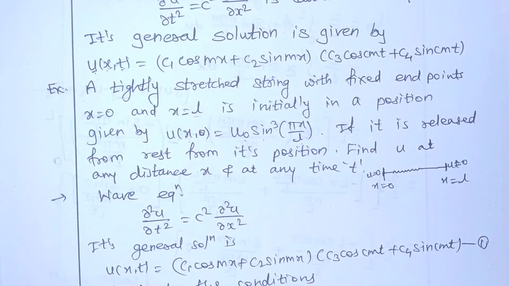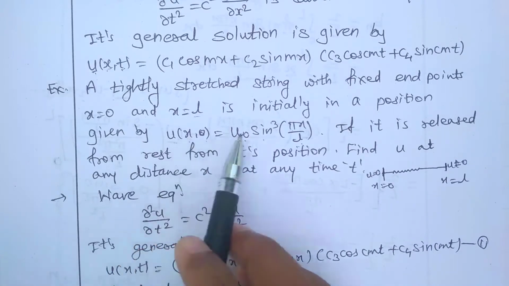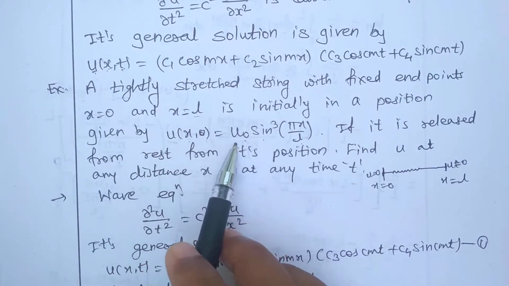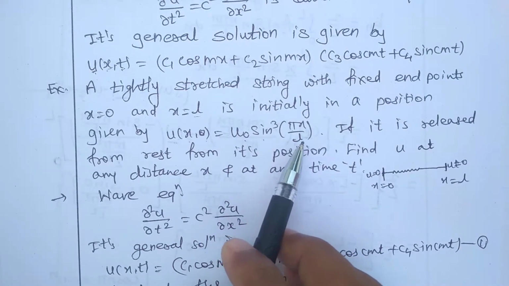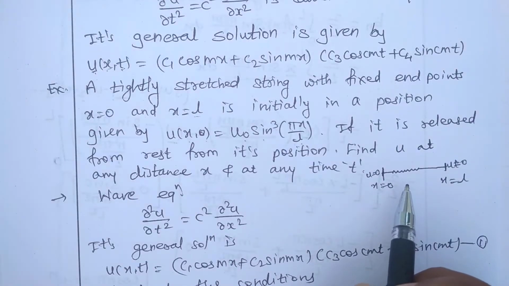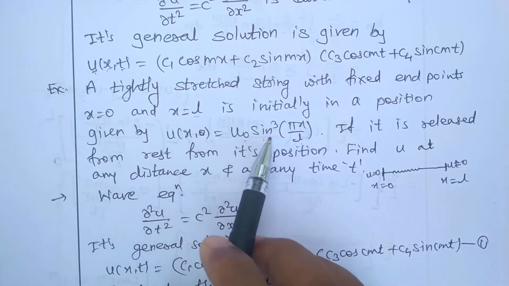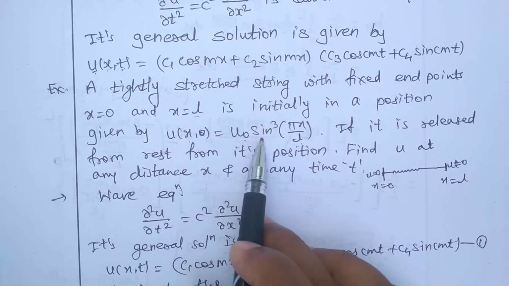And initially we are given that the string is in a position u(x,0) = u0 sin³(πx/L). That means before giving it vibration, its natural vibrations are u0 sin³(πx/L).